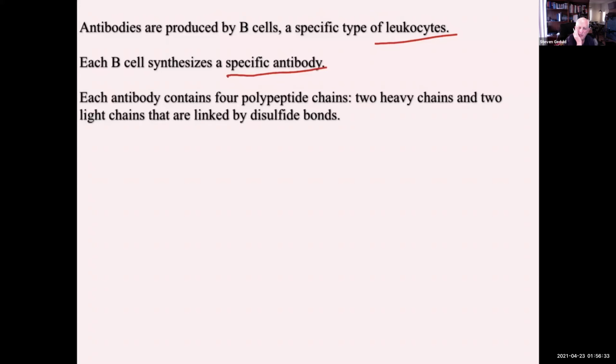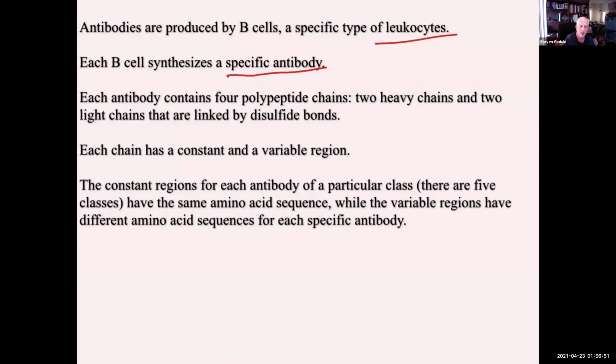Each antibody contains 4 polypeptide chains, 2 heavy chains and 2 light chains, linked by disulfide bonds. That's what forms an antibody. Each chain has a constant region and a variable region that allows you to change for the different antigens it's exposed to.